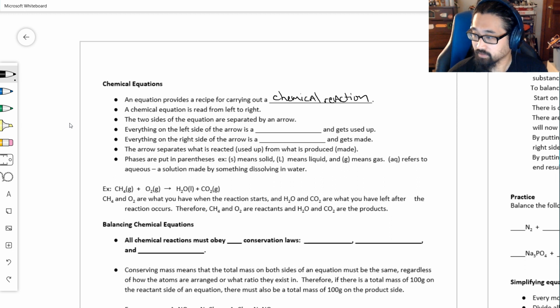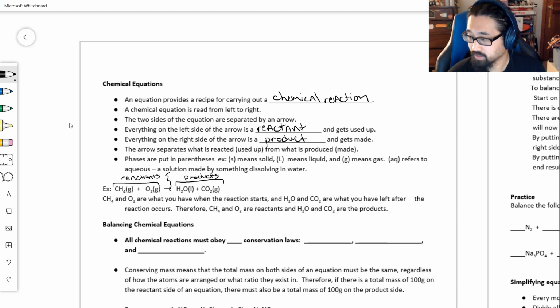Everything on the left side of the arrow is called a reactant, and it gets used up. Everything on the right side is called a product. So in the example, these are reactants. Here's the arrow separating them, and these are products.